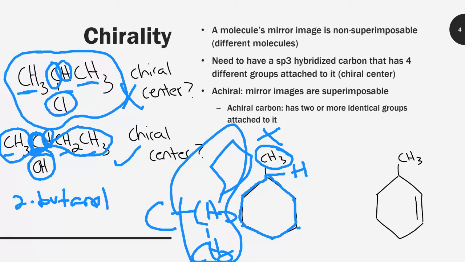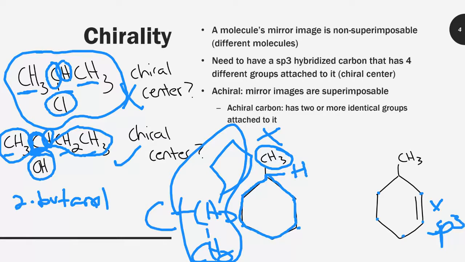So in this case here, again, I know this carbon cannot be chiral because it has 2 hydrogens each. These 2 cannot be chiral because they're not sp3 hybridized because of that double bond. They're sp2 hybridized.